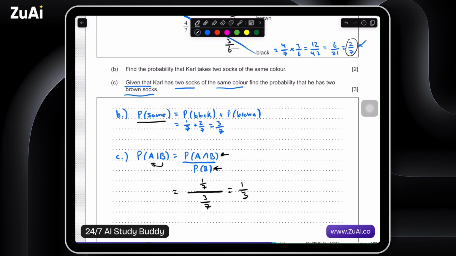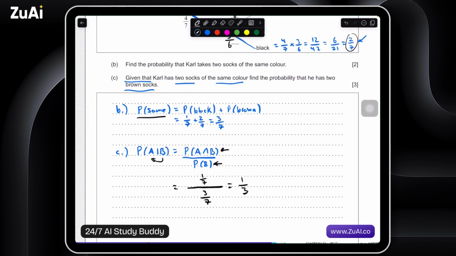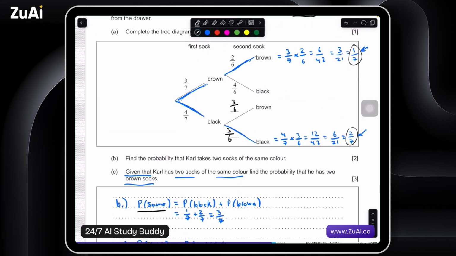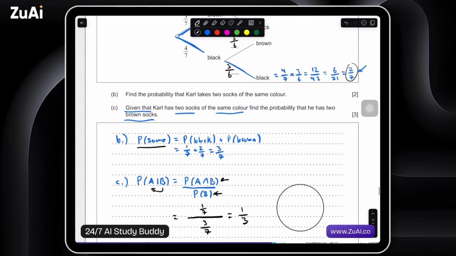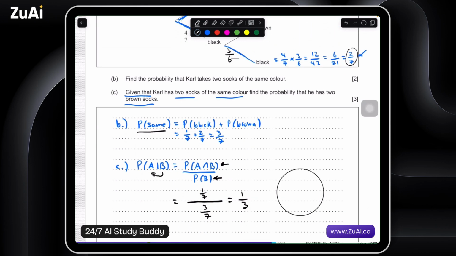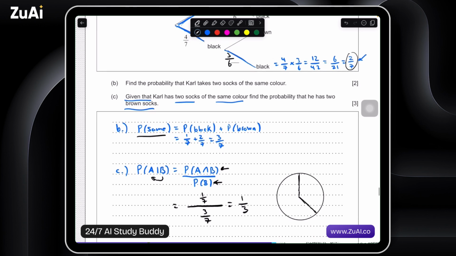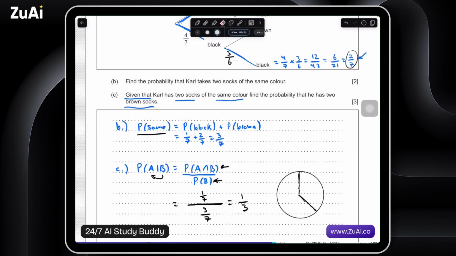And I guess I can try to represent this. I'm going to try to show an example. So these are the total socks that he could have if he selects 2, and we know that he could get brown black, he could get black brown, and so on. 3/7 of the time, he's getting 2 of the same color. This is the probability that he has the same color.